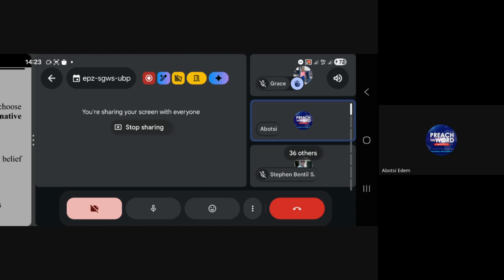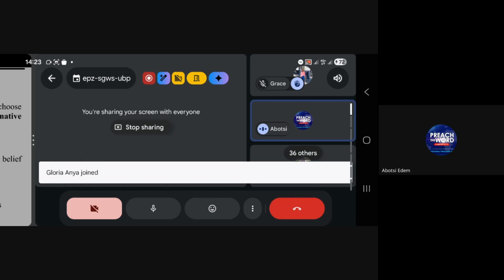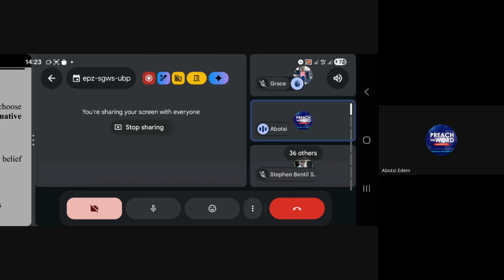For the alternative hypothesis, it talks about where there is a change, or if, let's say, something will happen or there is a change in something.